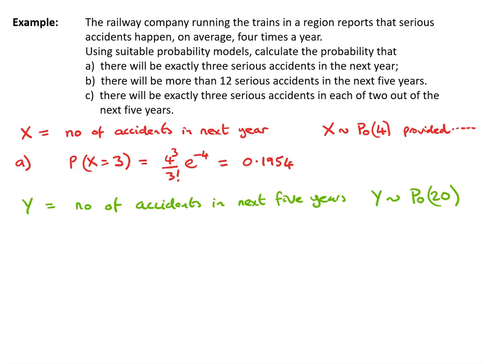So we can say that the probability that y is greater than 12 is 1 minus the probability that y is less than or equal to 12. And we can use our calculator in the same way as we did in the previous example to find the probability that y is less than or equal to 12, which is 0.390. So the probability that y is bigger than 12 is going to be 0.961.